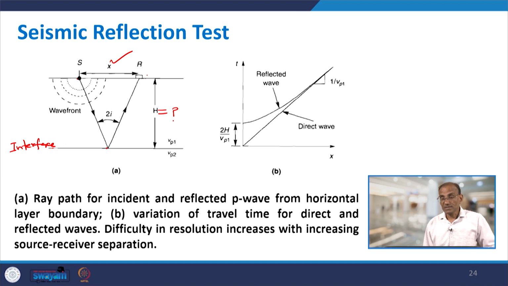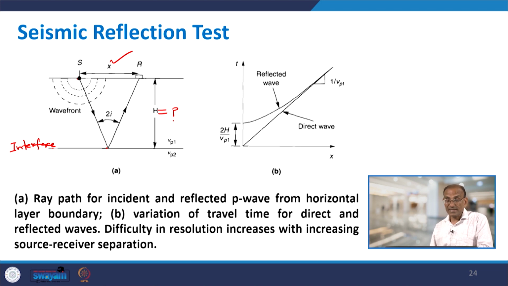Suppose you did not have the interface in between, which we have deliberately considered, then the wave would keep going down until it becomes zero. As it goes far away it starts attenuating and its amplitude decreases because it is spreading, due to what we call radiation damping or geometric attenuation.